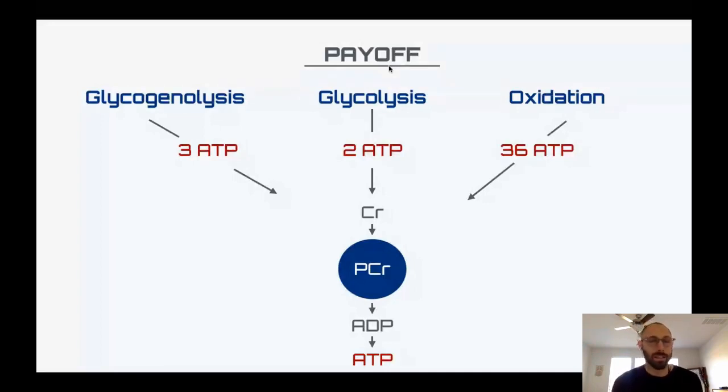And that's why oxidation is key in some of those terms. And as you can see here, the ATP that's being generated is going to phosphorylate creatine to make phosphocreatine, and that phosphocreatine will then give a phosphate to ADP to make ATP.